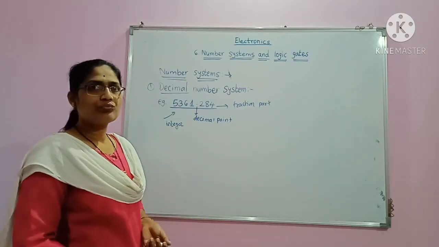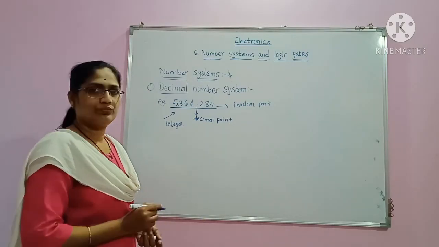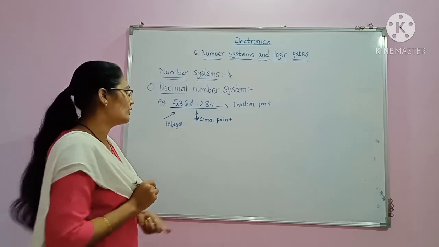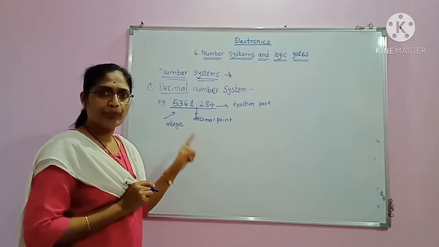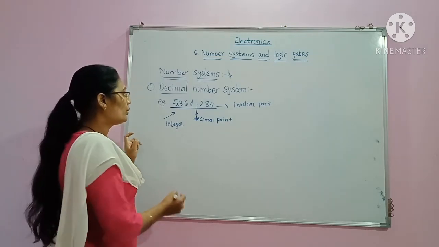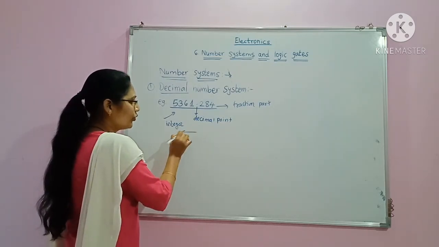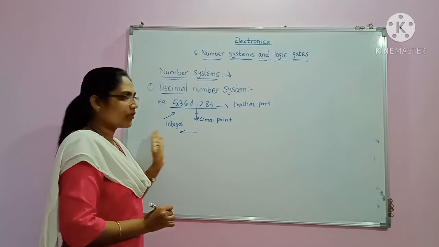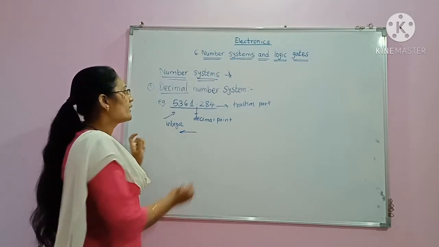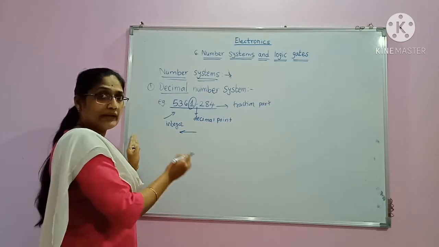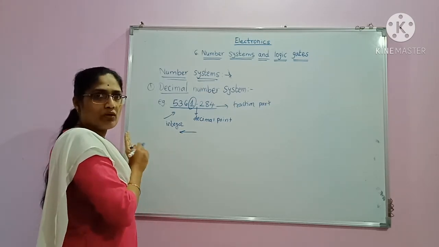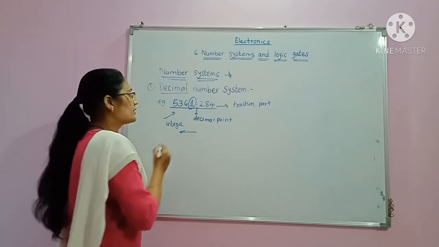Now I have to find out its value. Then how to find its value? In order to find its value, the decimal point plays an important role. As I have told you, as we move towards the left from the decimal point, the weight value of each digit will increase in multiples of 10 and it is positive.